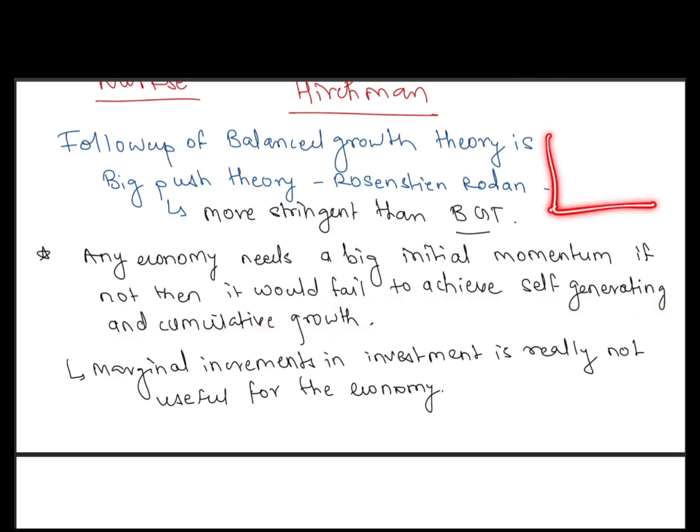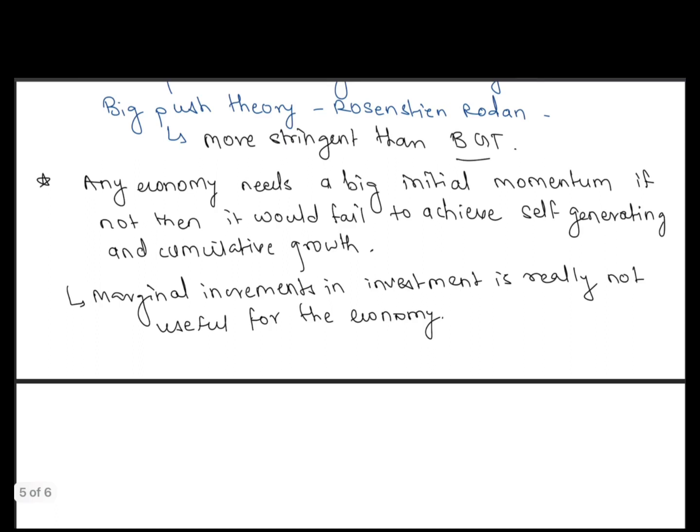Just like we saw in Schumpeter that it needs innovation to get to the starting point, Rosenstein-Rodan is saying that it needs a big initial momentum, and if not, there won't be any growth in the economy. And marginal increments in investment, marginal as in really small increments, are really not useful for the economy.